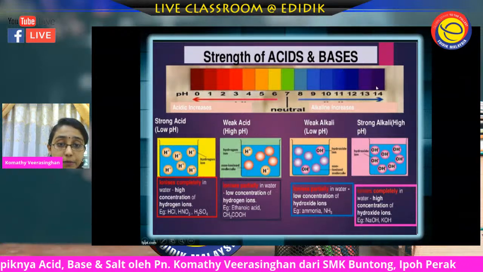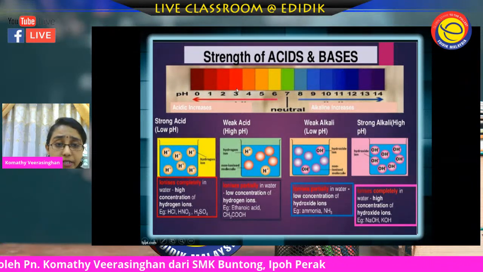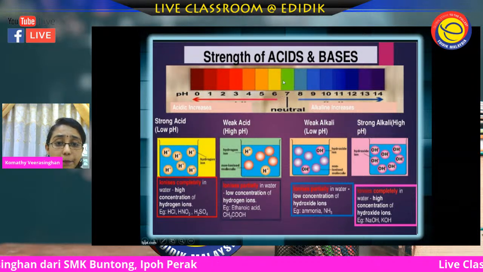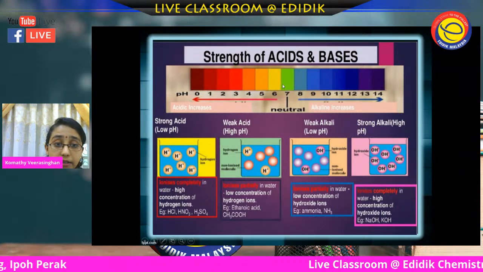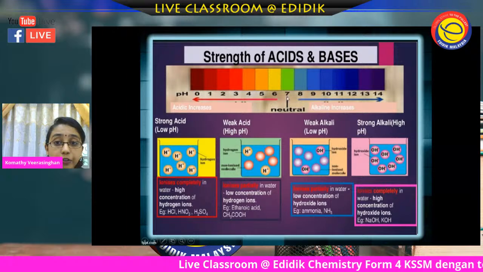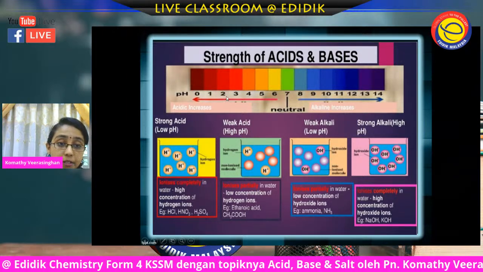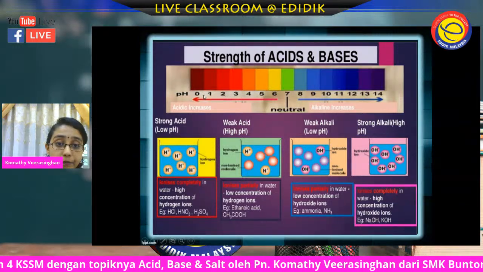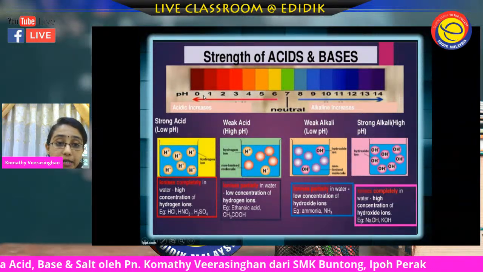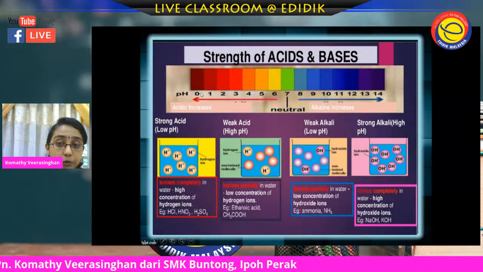Now let's look at this pH scale. Can you see it clearly? The pH scale starts from value 0 to 14, class. It is not starting from 1. So all the pH values you can determine will be in the range from 0 to 14.